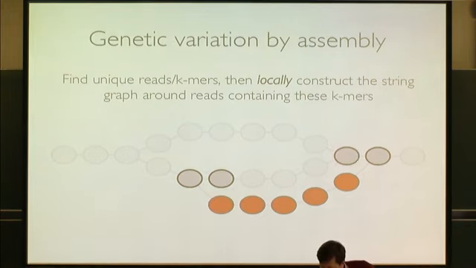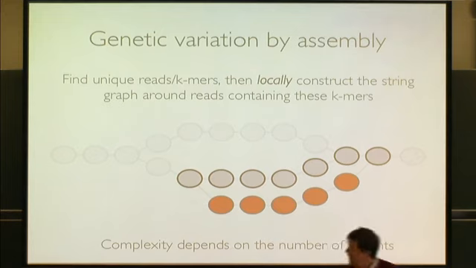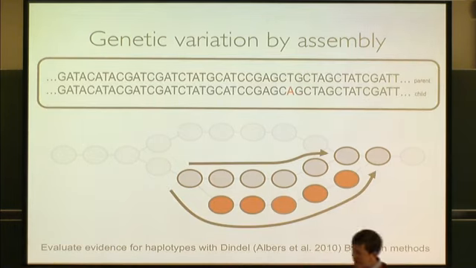And then we can extend those out in a sort of assembly frame to build an alternate. And we can essentially generate local little haplotype assemblies of the variant against the reference. And that's something which we can do in order the number of variants rather than order the size of the genome and the entire data set.